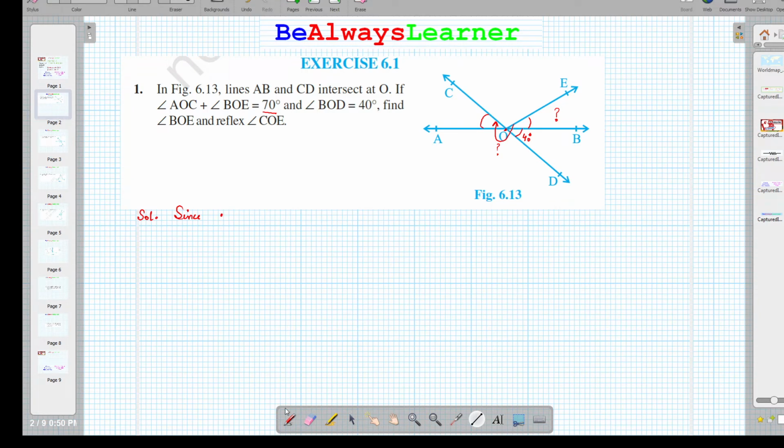So we can write the statement that OA and OB are opposite rays, therefore this AB is a straight line, or AB is a line.